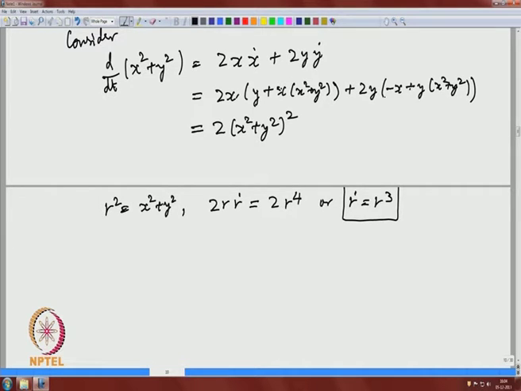So, r dot is r cube, so that increases. Okay, it is always increasing. So, the orbits, the trajectories go away from the origin. So, you get 0 0 is unstable for the original system.